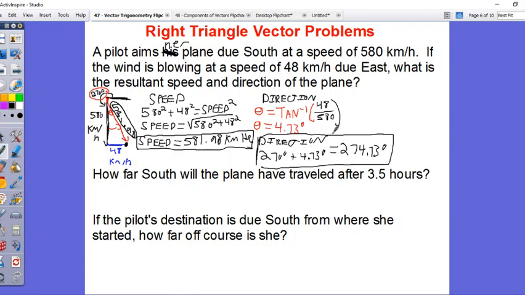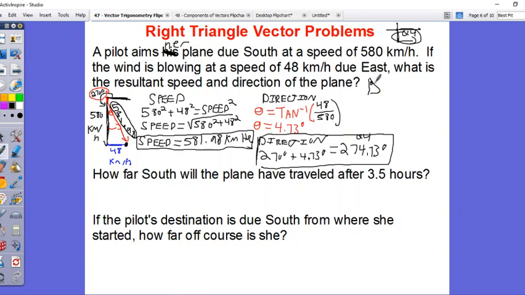For further visualization, this has to be in quadrant 4, right? We're going south and east. When you move south and east, that puts you in quadrant 4, right? So you need to have an angle that is a quadrant 4 angle. So once again, first you move south, then you move east.